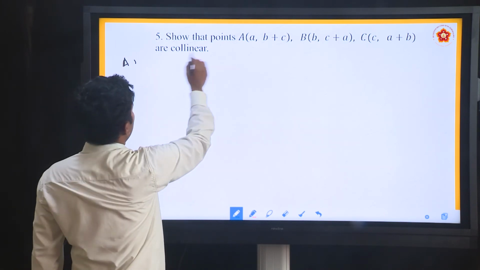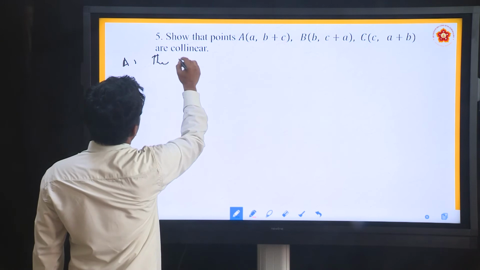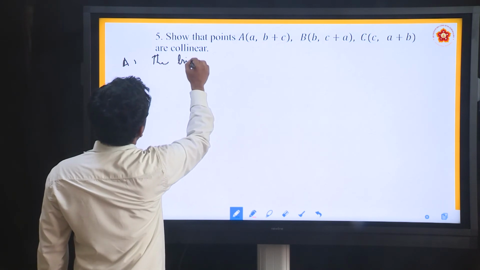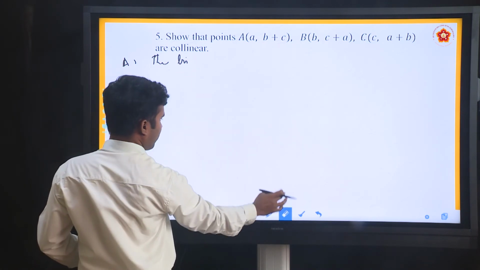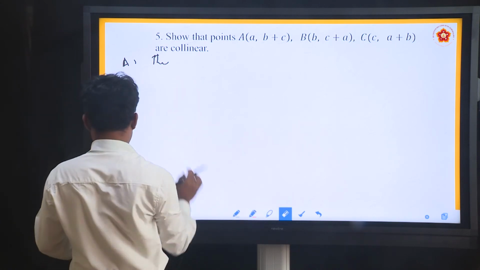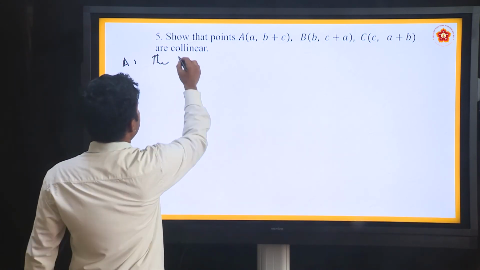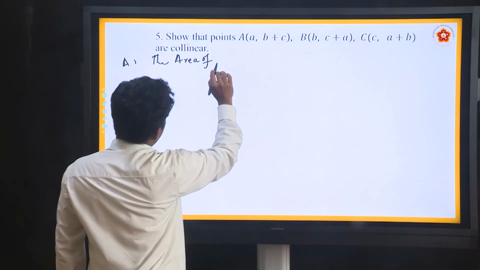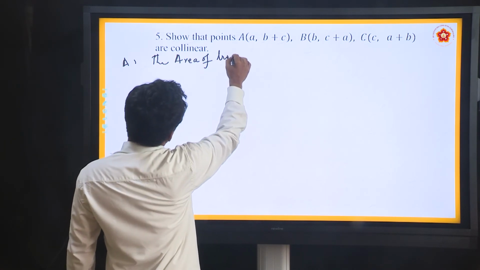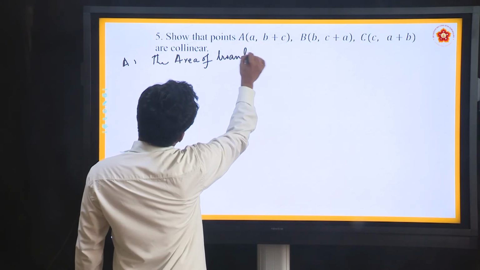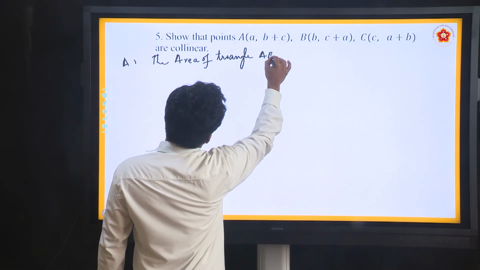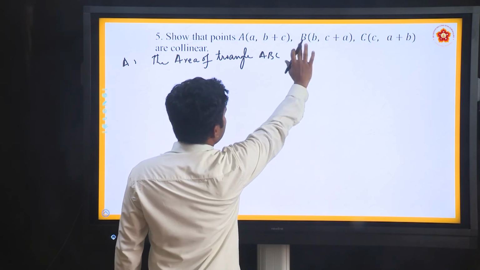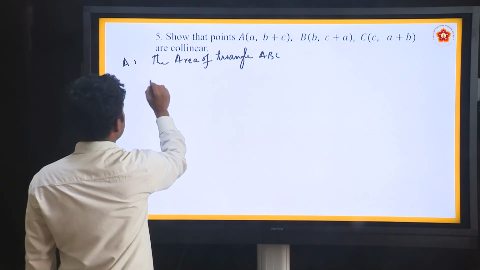So here the points are, the area of triangle ABC. So how are we going to write?